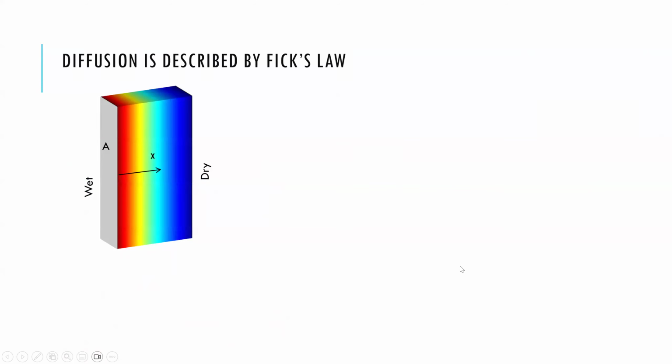Okay, so we have to put some formula to it. We have to be able to compute this quantitatively. We can't just keep describing these using nice figures or nice animations. So now diffusion is described by Fick's law, just like Fourier's law, as you will see in a second.